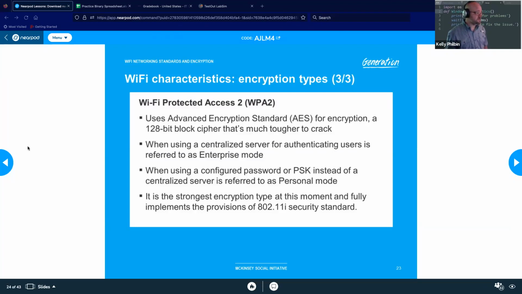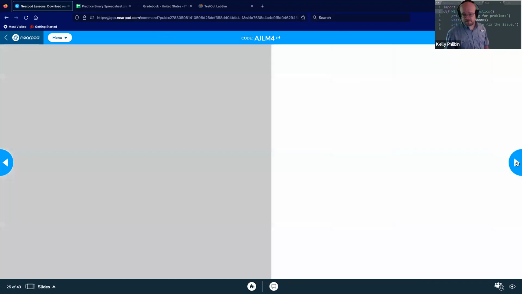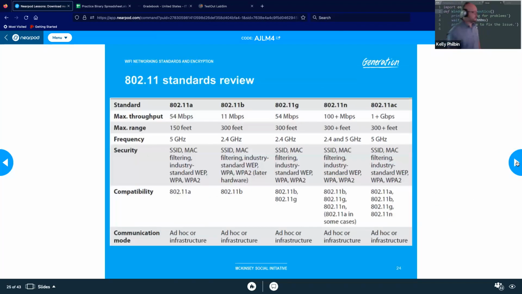Questions so far? All right. So here's kind of a review of 802.11 standards. We have another slide that kind of sums it up a little bit as well, but this is a good one to take a screenshot of for studying.